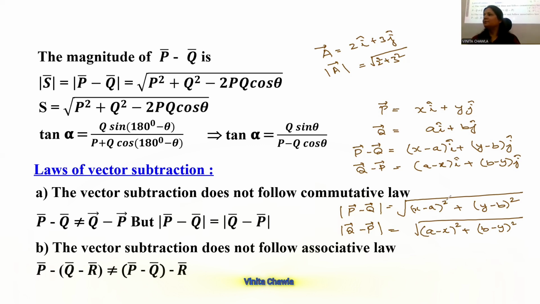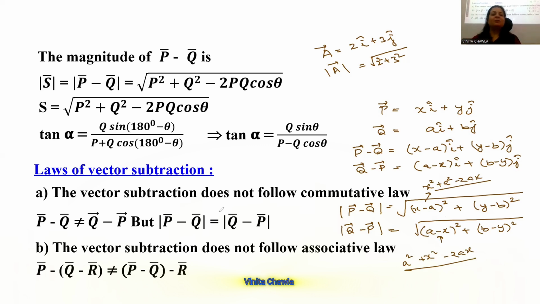Apply a minus b whole square, यहाँ पे भी आपको यही मिलने वाला है, x square plus a square minus 2ax. Here also you'll get the same terms, a square plus x square minus 2ax. Is there any difference? No.